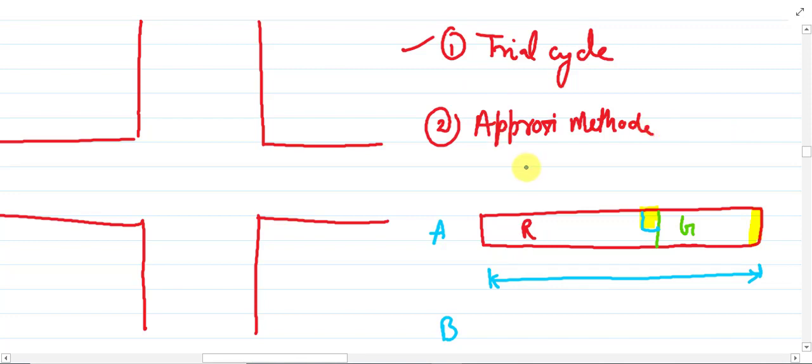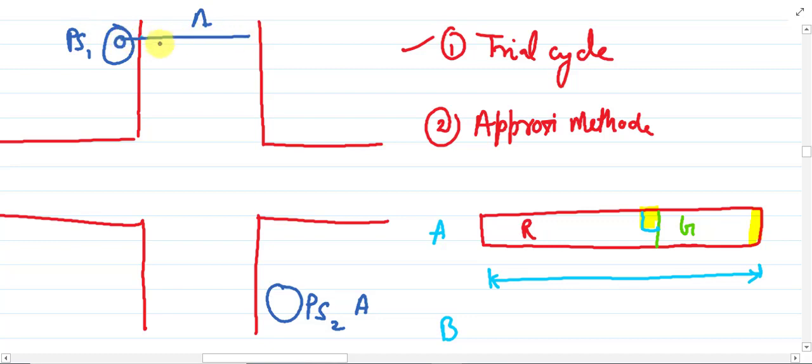In this case, we apply the cycle time for pedestrians. So we design our signal with the help of pedestrian behavior. Suppose this is pedestrian signal 1 for road A, and similarly here the pedestrian signal 2 for road A. We consider that the time duration for pedestrian signal 1 is similar for pedestrian signal 2.